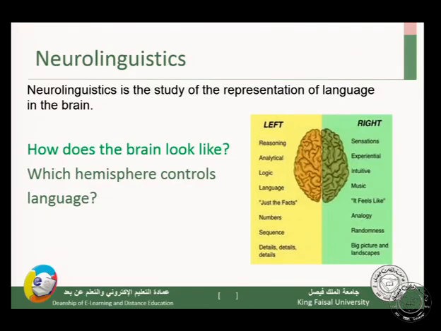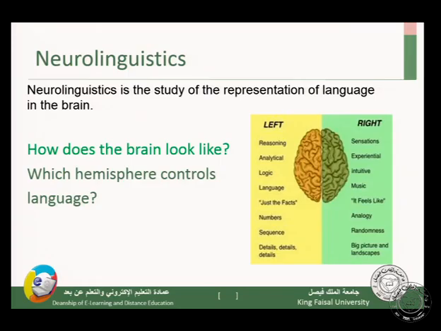As we can see, language is, for the majority of people, in the left side. Of course, we are going to take this in detail in the last part of the lecture, which is language lateralization. But of course there are people who have language in the right side, and people who have language in both the left hemisphere and the right hemisphere.